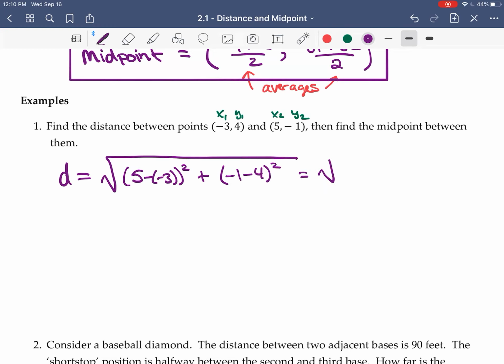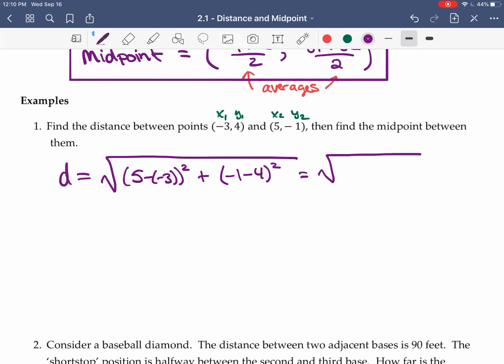So that's going to be the square root of 8 squared plus negative 5 squared, which is the square root of 89, which is approximately 9.434. Okay, so you probably want to keep it as exact, but that's the decimal for it.